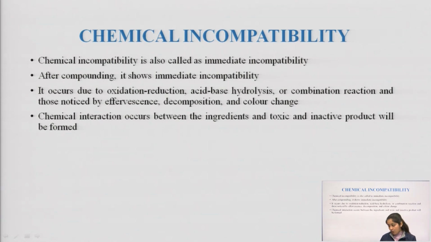Let us have a quick discussion on chemical incompatibility. Chemical incompatibility is also known as immediate incompatibility. I would like to mark the word immediate as very important, because all the chemical reactions that take place while mixing any substances are very quick, and as a result this type of incompatibility is termed chemical or immediate incompatibility.